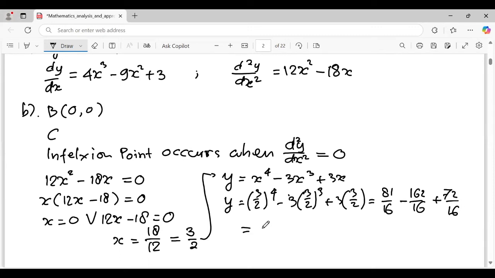And if you calculate, the result is minus 9 over 16. So the coordinate point C is 3/2 and minus 9 over 16.